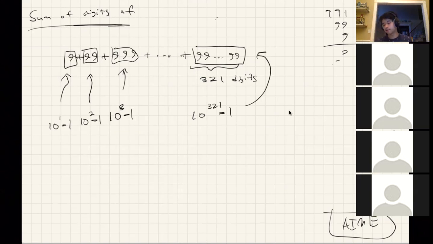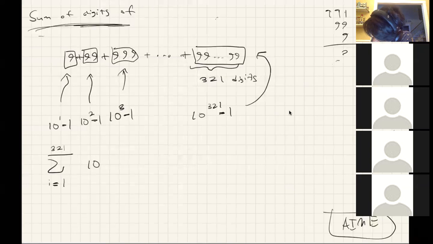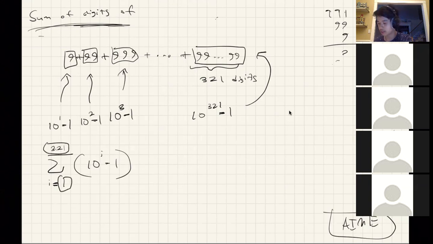But anyways, you might see now that we can write this sum, as it's always good practice, in summation notation. We're summing the quantity 10 to the power of i minus 1 as i goes from 1 to 321.